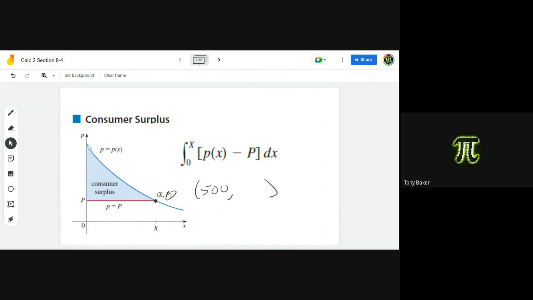But I sell one. By selling 500 of them, I might make more money, even though I'm leaving money on the table. You're never going to minimize consumer surplus down to zero.